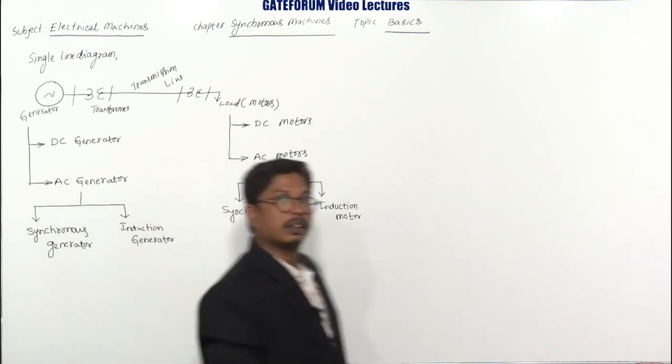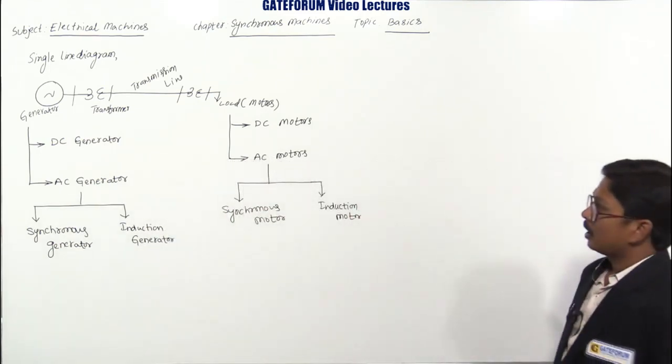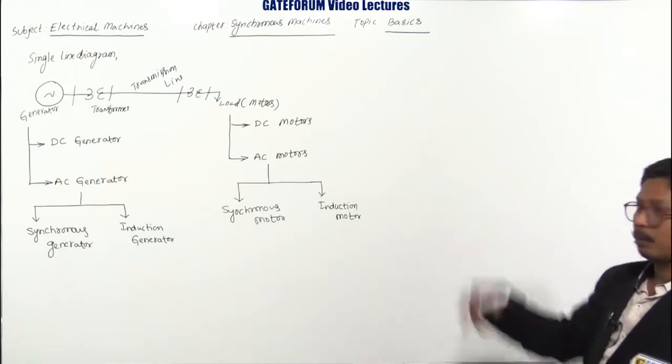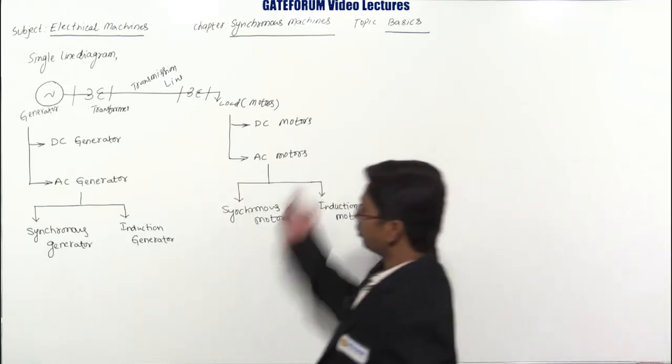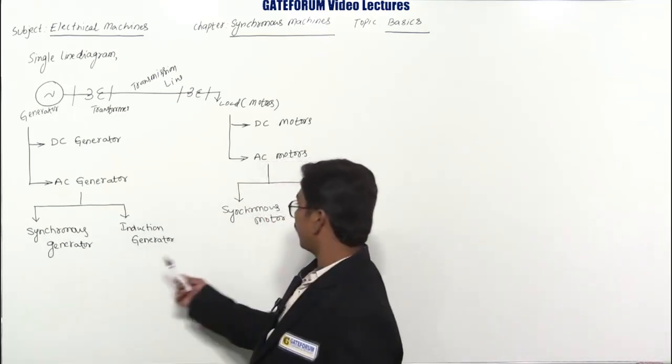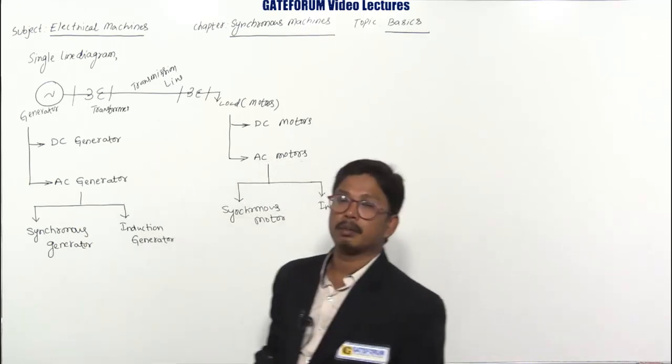So these are the topics we have, and we have to discuss all these machines: DC generator and DC motor, synchronous generator, synchronous motor, induction generator and induction motor, and the transformer.